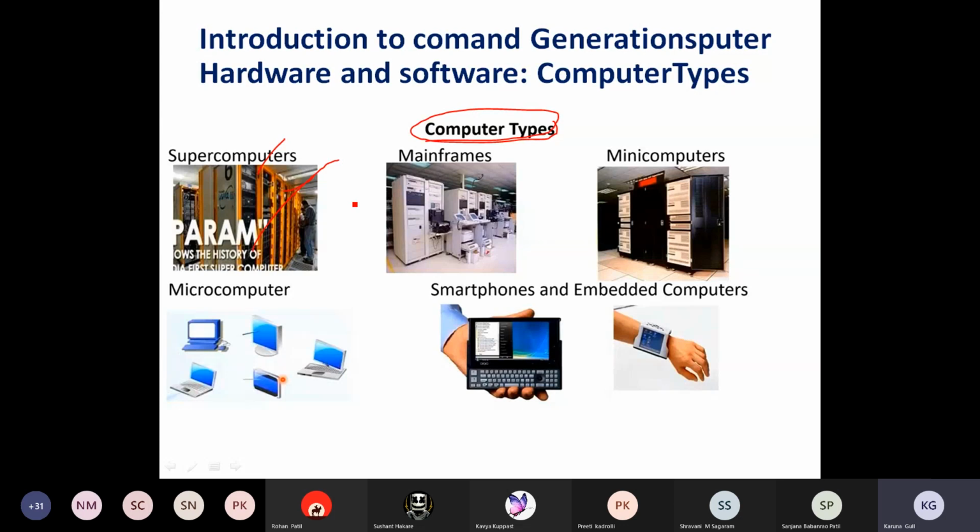These are very powerful systems, the processing speed is very high, and these are very expensive systems. They are mainly used for military purposes, scientific purposes, and weather forecasting, because they work with very huge data, as I already mentioned.